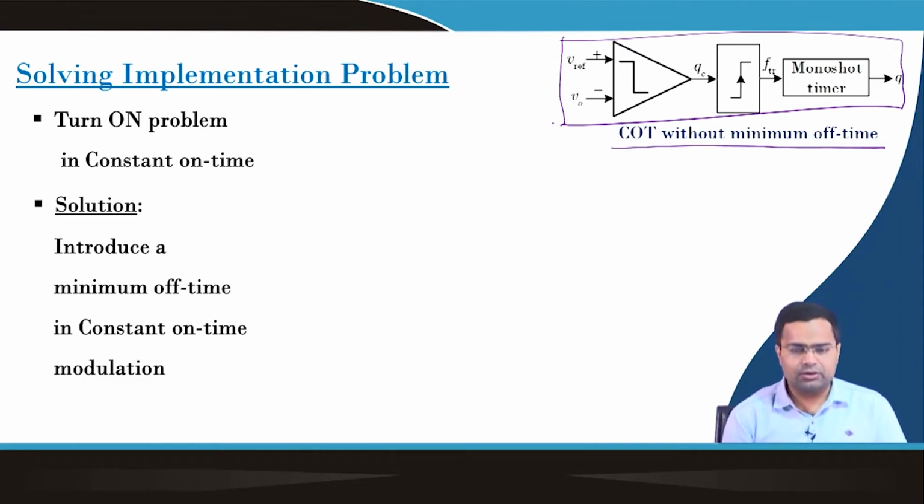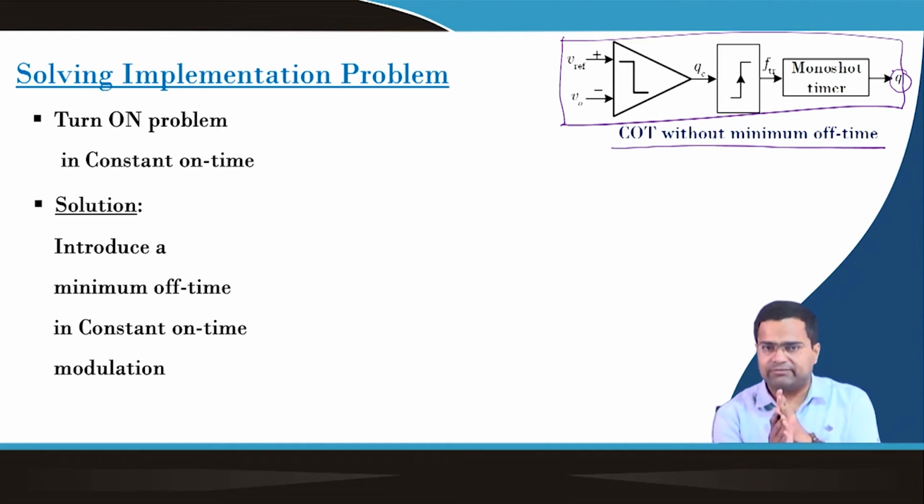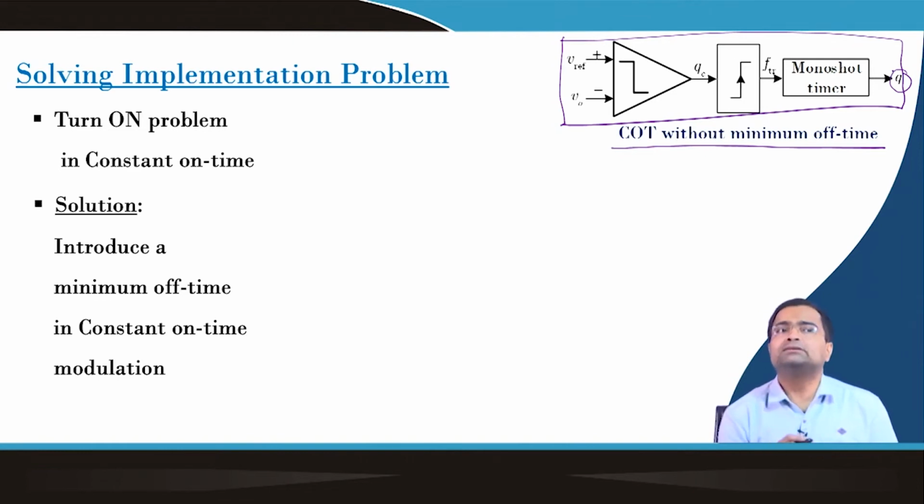The solution: we need to introduce a minimum off time. That means when the switch goes low, after the on time, the monoshot timer completes its counting value and the switch goes off, and we need to identify at the falling edge of the Q whether the comparator output is still high or not.